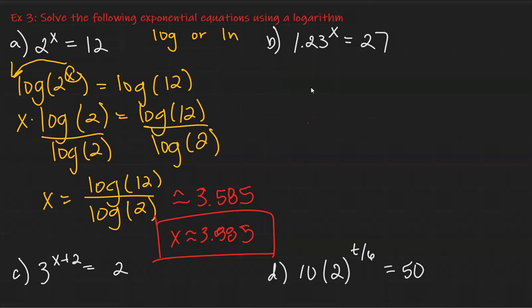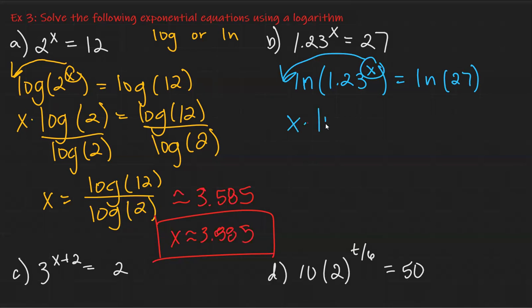Okay, all I have to do is take the logarithm. Let's do the natural log to show you that it works just as fine. So natural log of 1.23 to the x power is equal to natural log of 27. Let's bring this x forward using that property. x times natural log of 1.23 is equal to the natural log of 27.